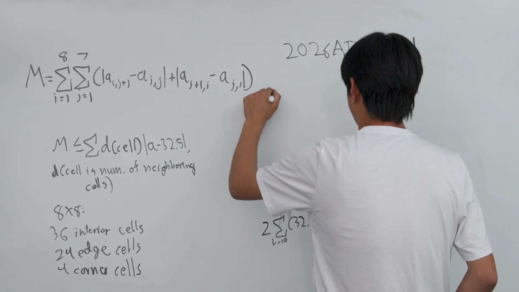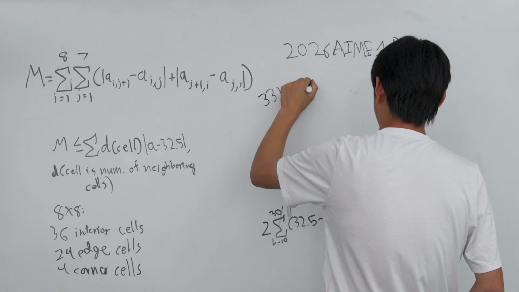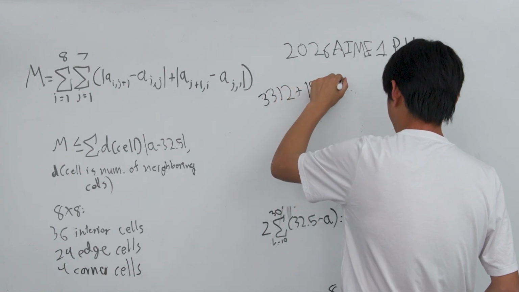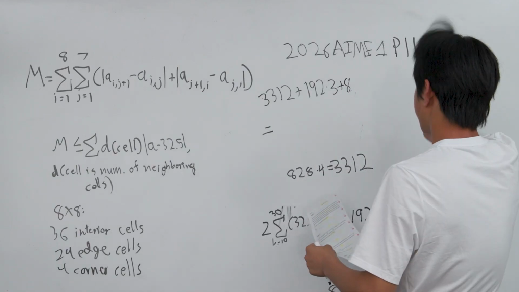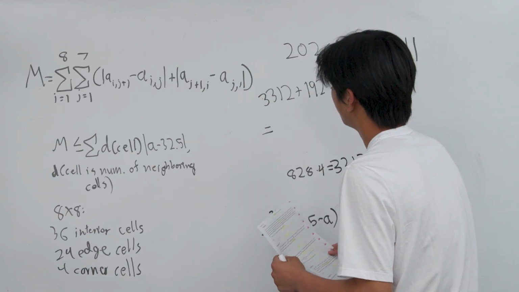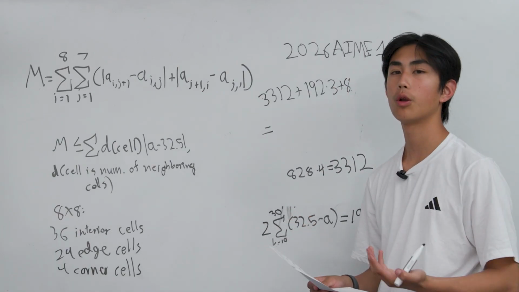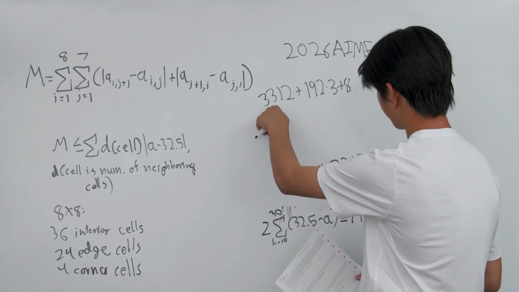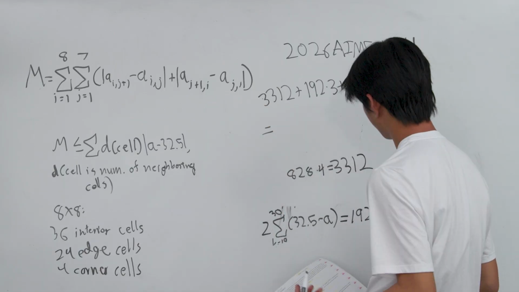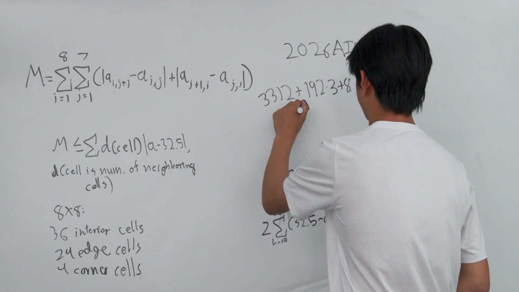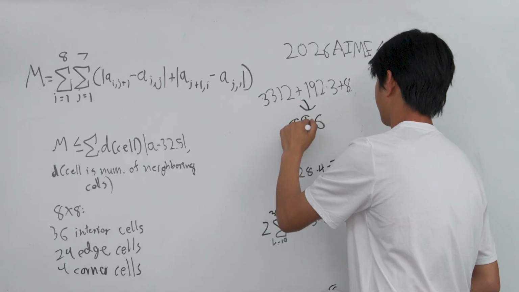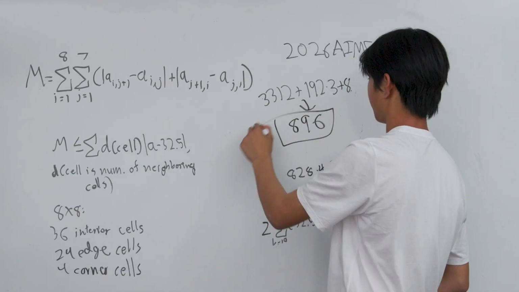So then 3312 plus 192 times 3 plus 8. All this basically just evens out because we just want to calculate mod 1000, so any digits from 1000 and beyond don't matter. So therefore, when we do mod 1000, our answer will be 896 for this problem, and we are done.